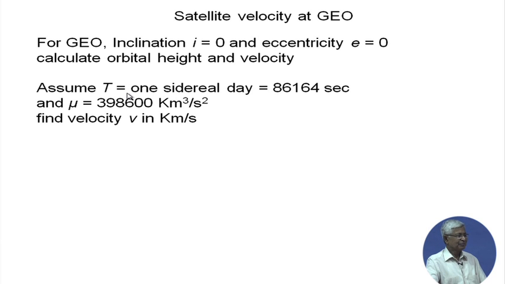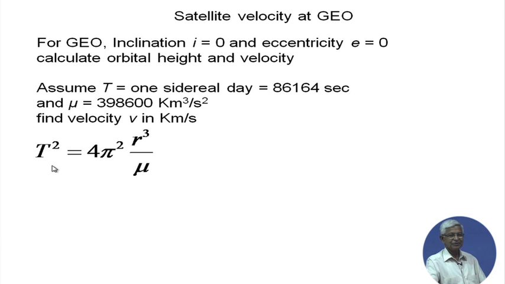This is a circular orbit, time period is 1 sidereal day we have seen. So, it is 86164 seconds, and the constant mu is 3.98 times 10 to the power 5, or 398600 kilometer cube per second square. In this circular orbit, that is at GEO, what is the velocity?